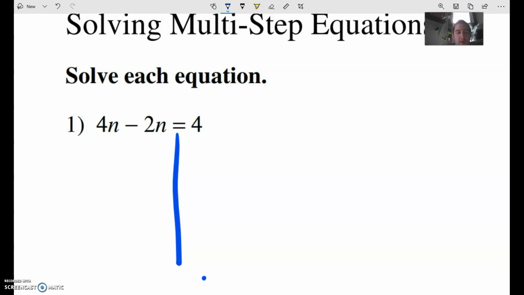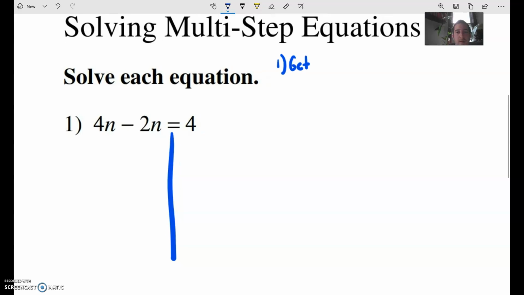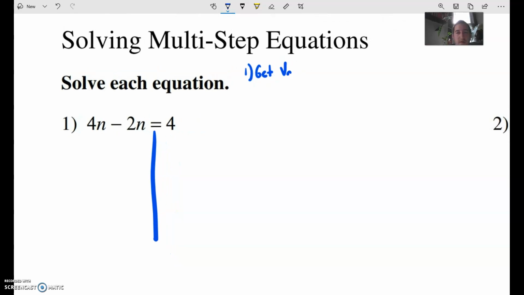So our job is to, 1, get the variables on one side of the equation. Doesn't matter if it's the left or the right.